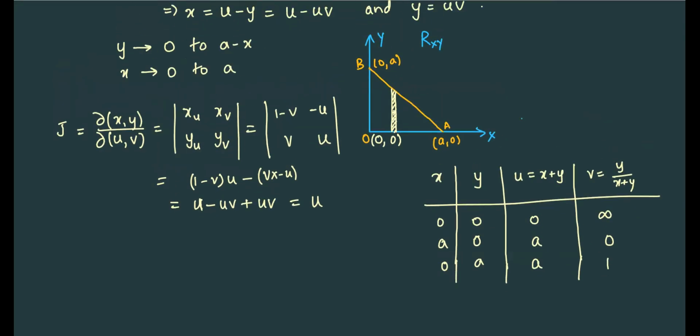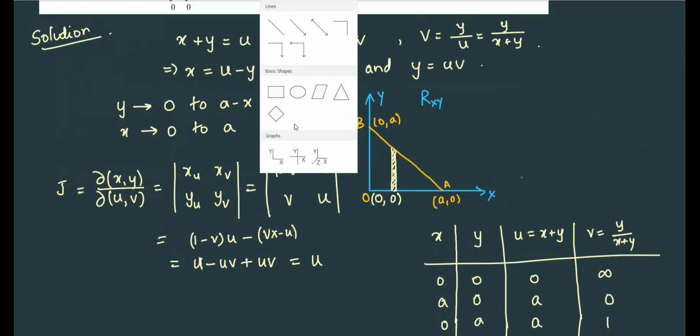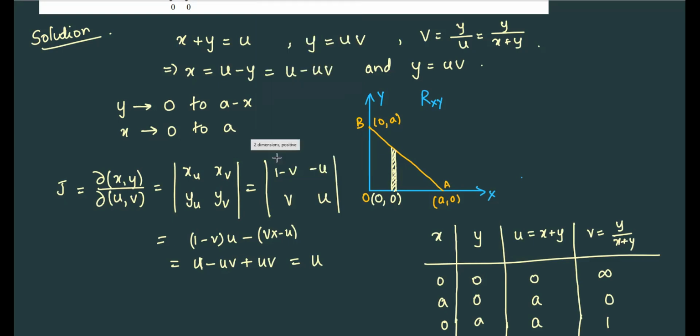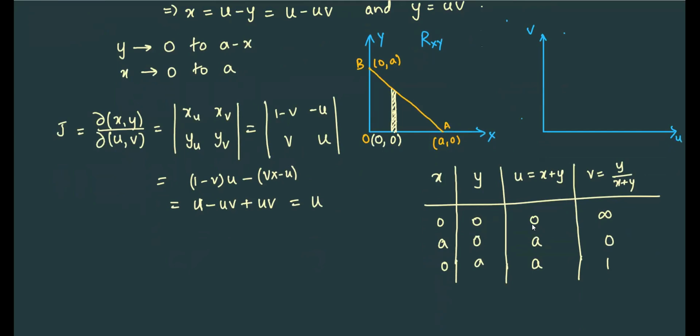So in the uv plane, this triangle transforms in a very different manner. And there are so many points in between.